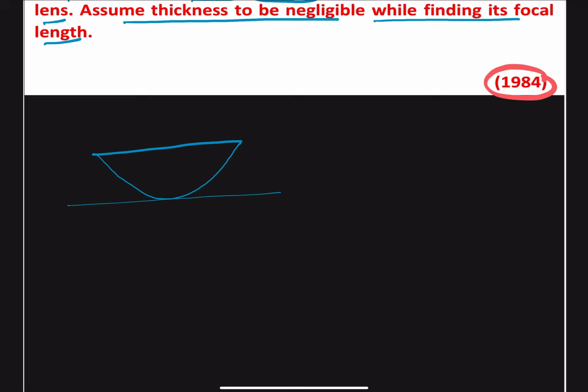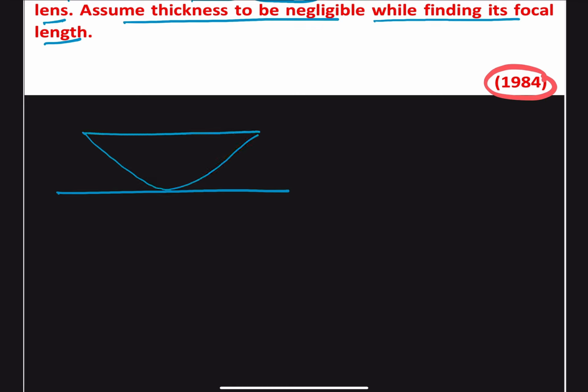And let me redraw it. It looks like it's falling out. So we have this as the curved lens, and we are given the apparent depth.